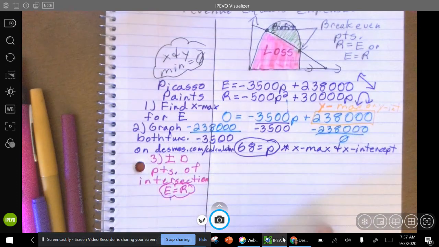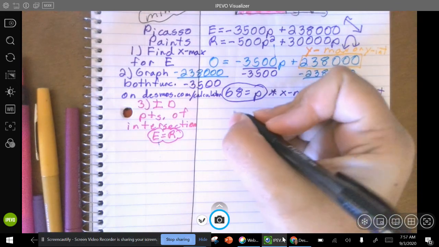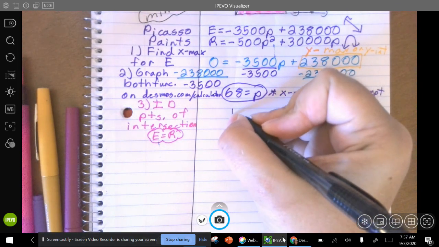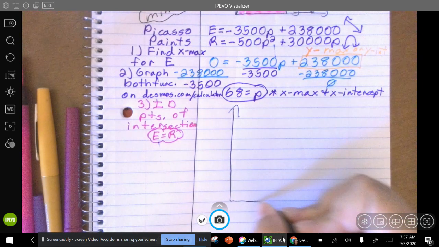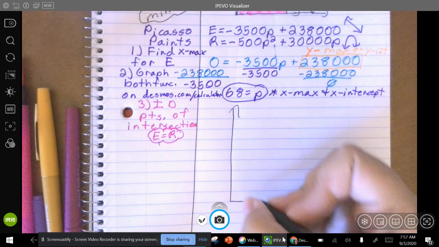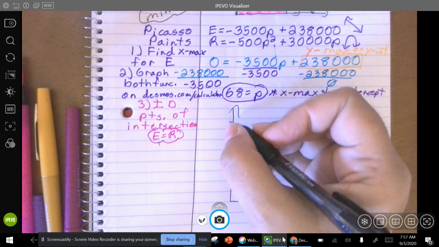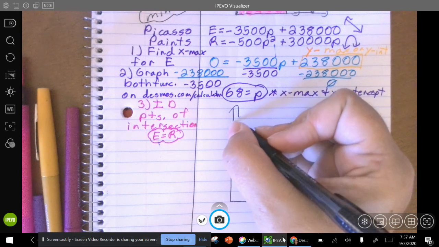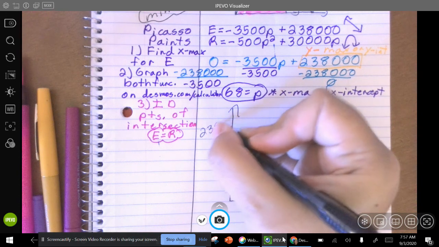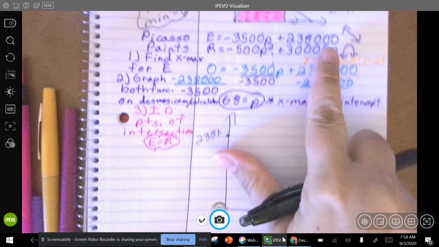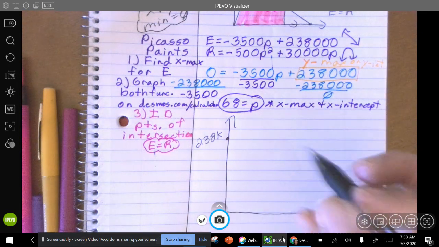Okay, so let's go ahead and do our graph. We know this one's going to be right here at 238,000, because remember, everybody, that's our X maximum or X intercept.